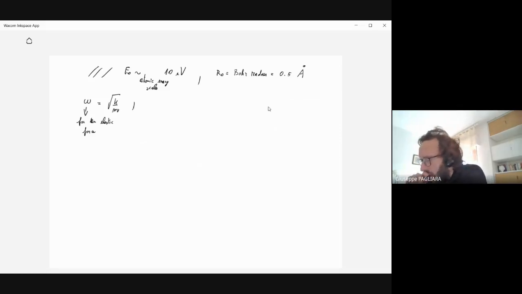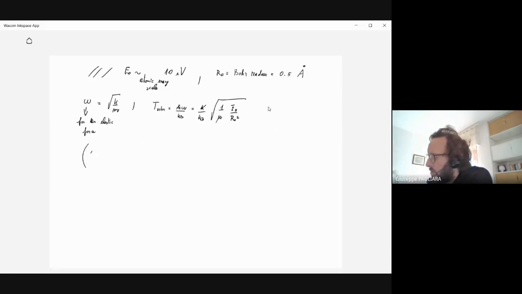Therefore, in our case, the T vibrational, which was h bar omega divided by kB, must be equal to h bar divided by kB times omega. And what is omega? If I look at the potential that I wrote before, this omega must be the square root of 1 divided by the reduced mass times the elastic constant, which in this case is E0 divided by R0 squared.